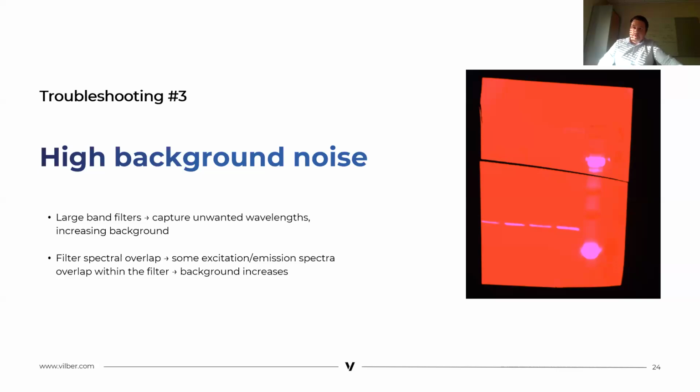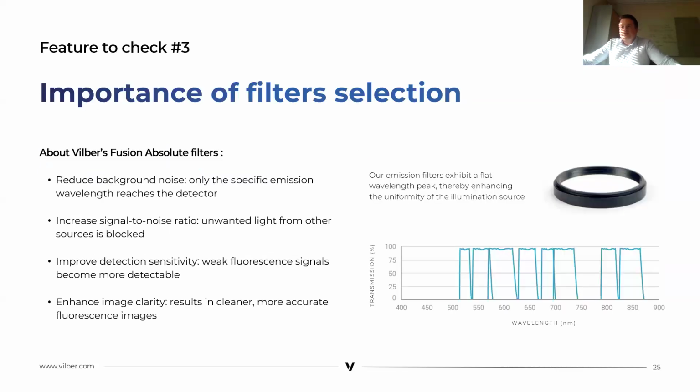To avoid that, Fusion Absolute filters help reduce background noise by allowing only the specific emission wavelength to reach the detector. They increase the signal to noise ratio by blocking unwanted light from other sources, like the excitation. So it's very important to look at your filter and its blocking range.